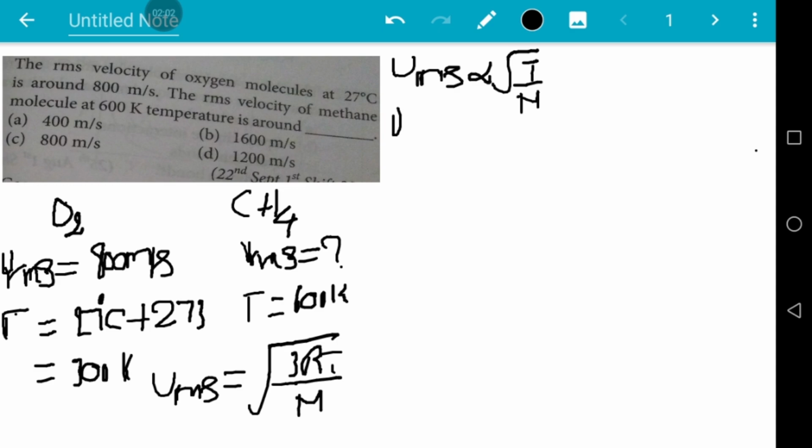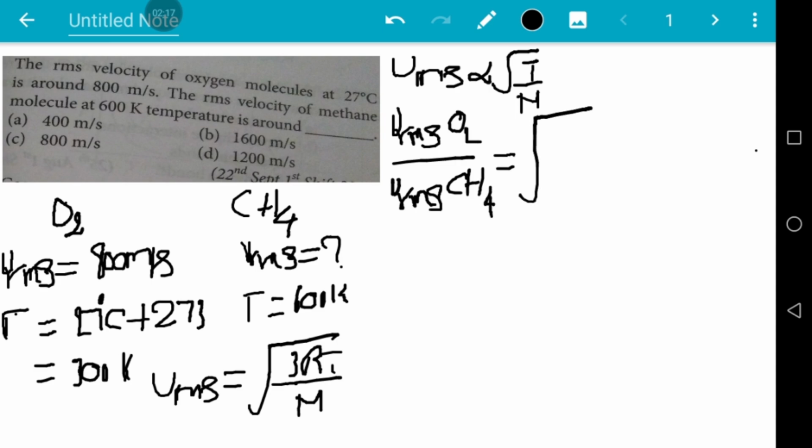If we compare the URMS of O2 and URMS of CH4, then URMS of O2 by URMS of CH4 is equal to root over T1 by M1 into M2 by T2.